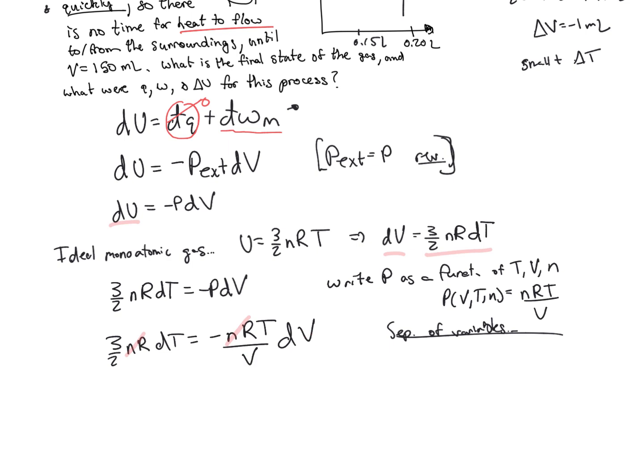So if I do that, I'm going to get 3/2 dT over T is equal to negative dV over V. I'm going to move the negative over to the other side so that all my constants are on one side. So negative 3/2 dT over T is equal to dV over V.